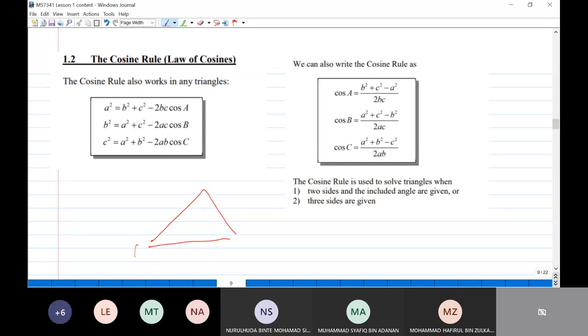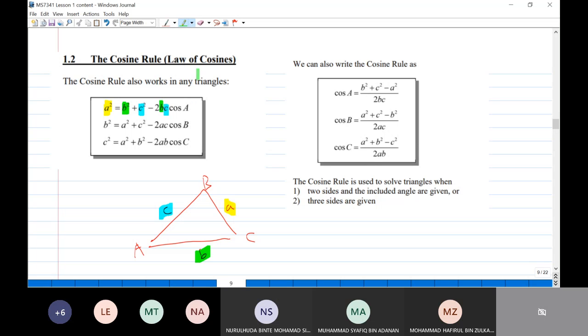You have three angles, A, B, C, and the sides b, a, c opposite them. The law of cosines says that, using A first, and then B, and then C, to apply this law you can say a squared is equal to b squared plus c squared minus 2bc, right?